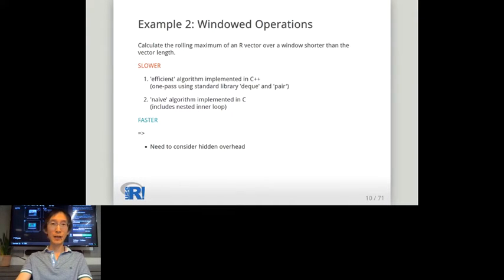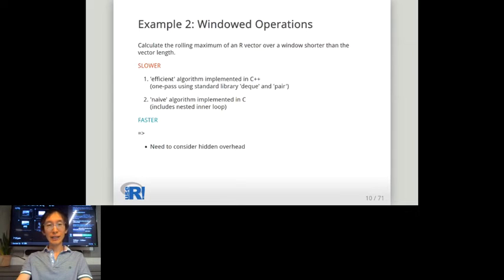And at the time, I was looking to see if I could implement that algorithm in C. So I started off with just using a naive algorithm, and this is essentially just one loop inside of another loop. And that is basically as far as I got, because that turned out to be faster than the so-called efficient implementation in C++.